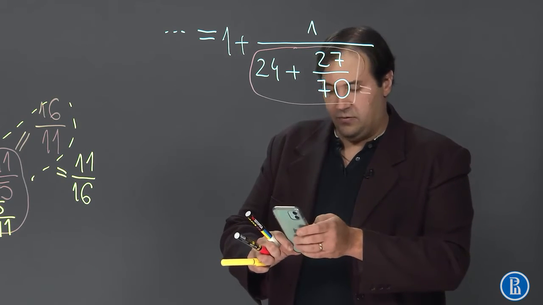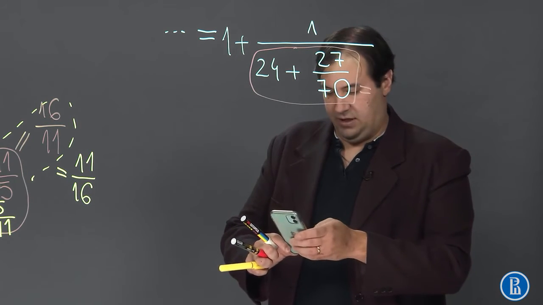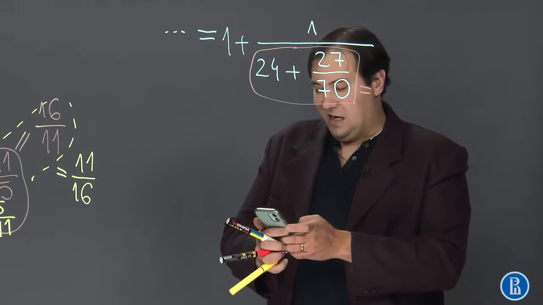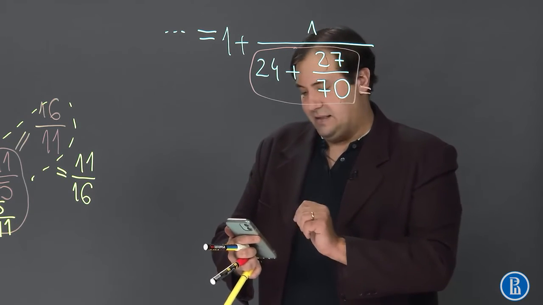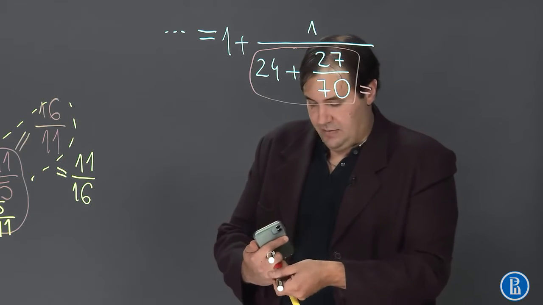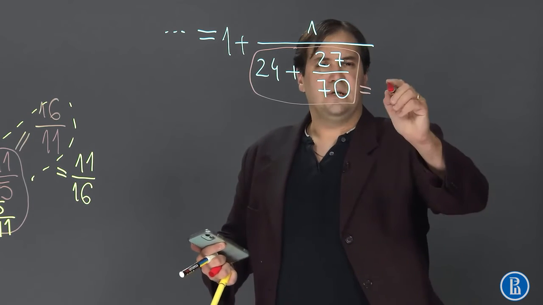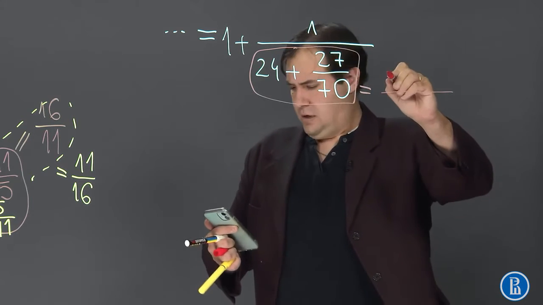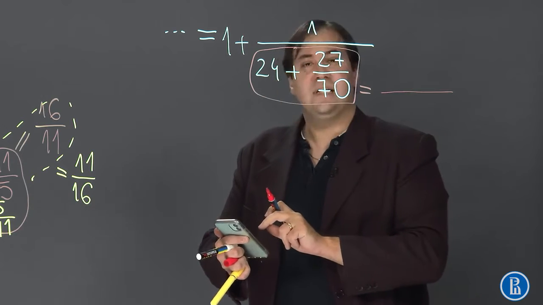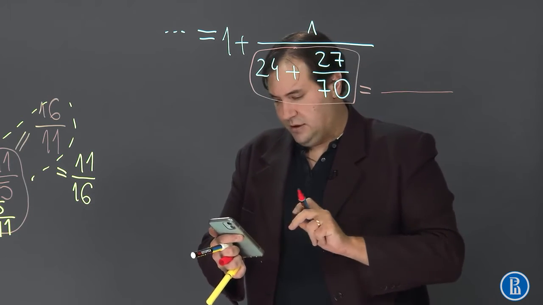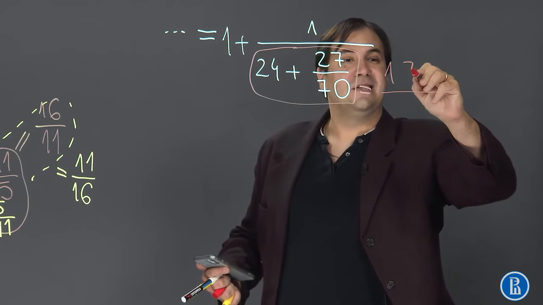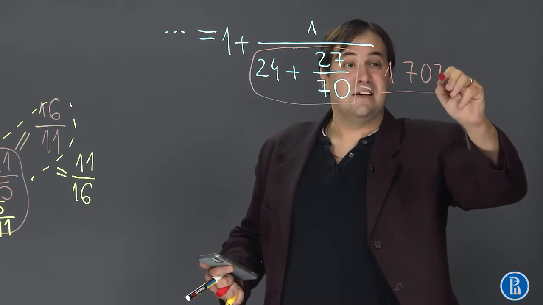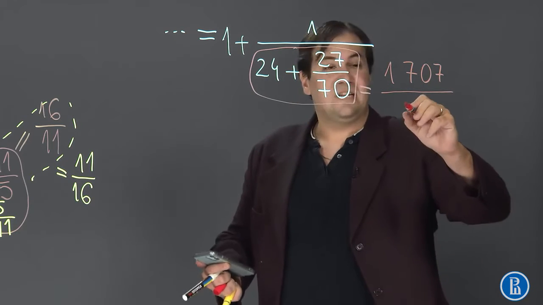So 24 multiplied by 70 is equal to 1,680. So just add 27. This is equal to 1,707 over 70.